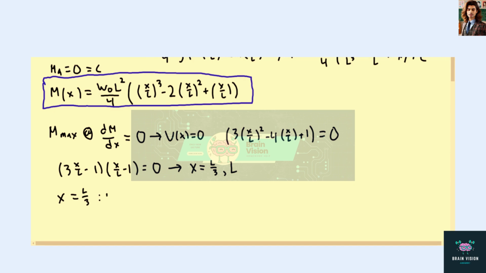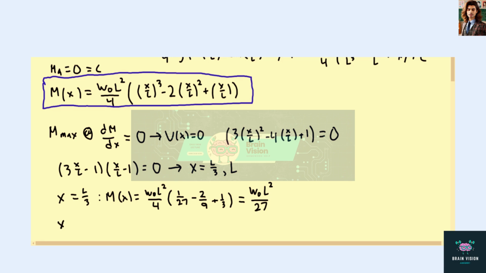And at x equal to L over 3, we get our M equal to our constant, and we'll get 1/27 minus 2/9 plus 1/3. And we'll see that factoring this into x over L simplifies this. And we'll get W0L squared over 27.